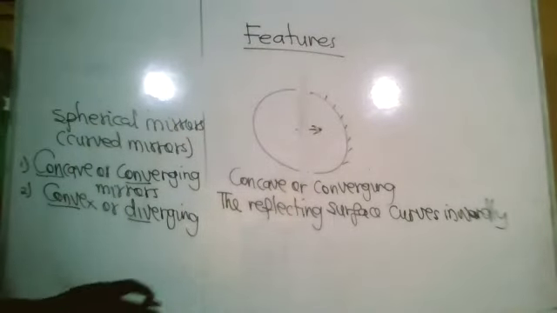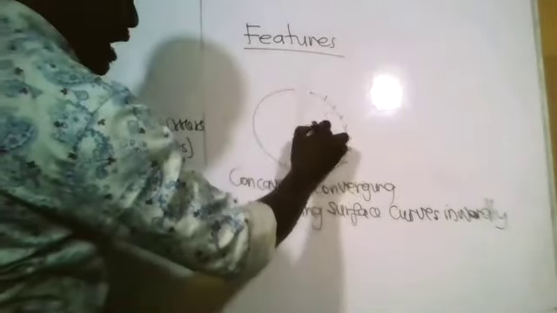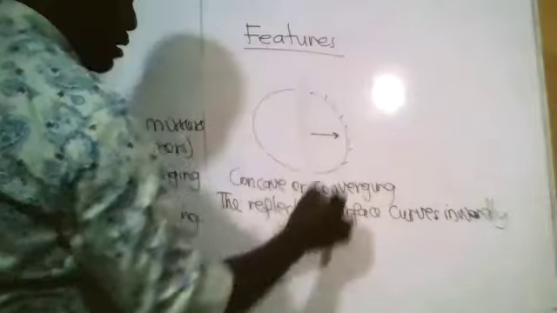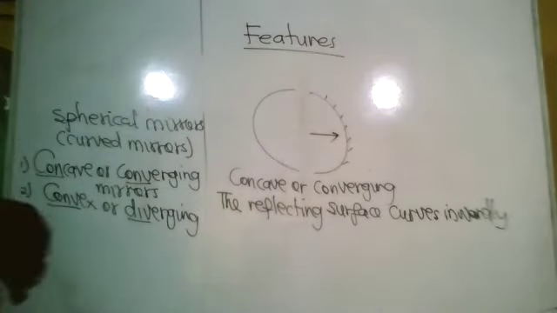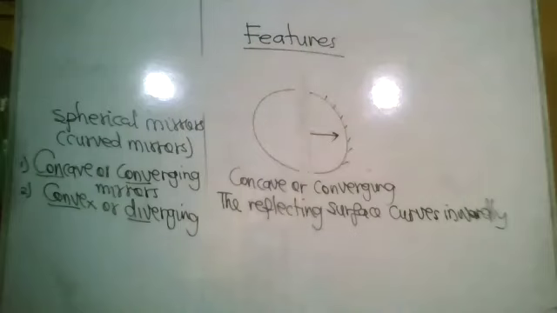So the reflecting surface, which we indicate by the arrow, curves inwardly for concave or convergent mirrors.